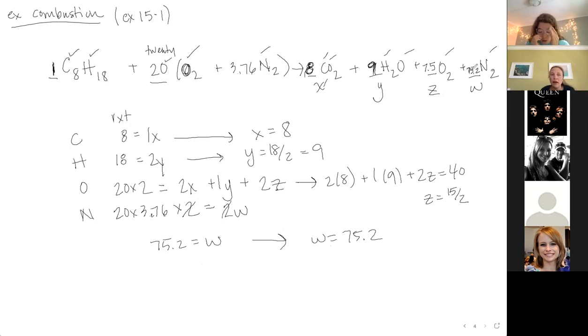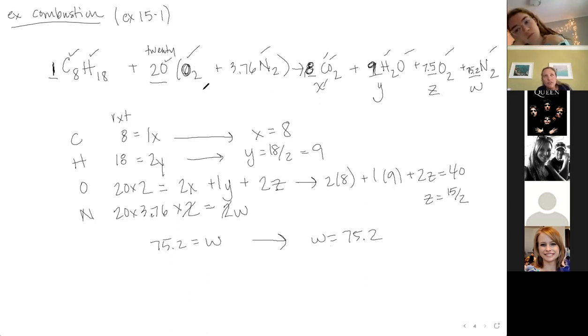Okay, any questions about balancing a combustion equation like this? The way that this problem was stated is we are combusting octane with air that contains 20 kilomoles of oxygen.